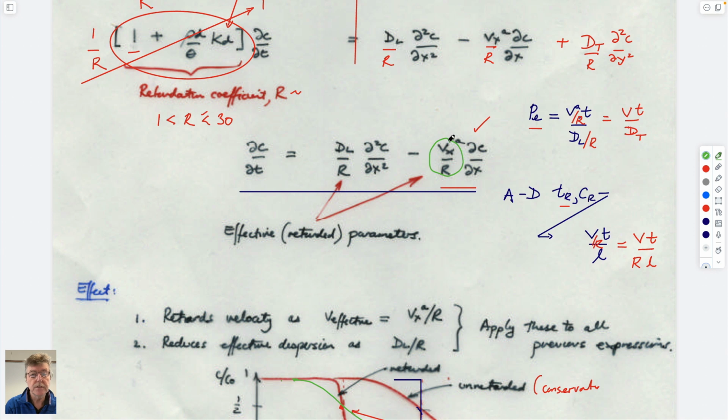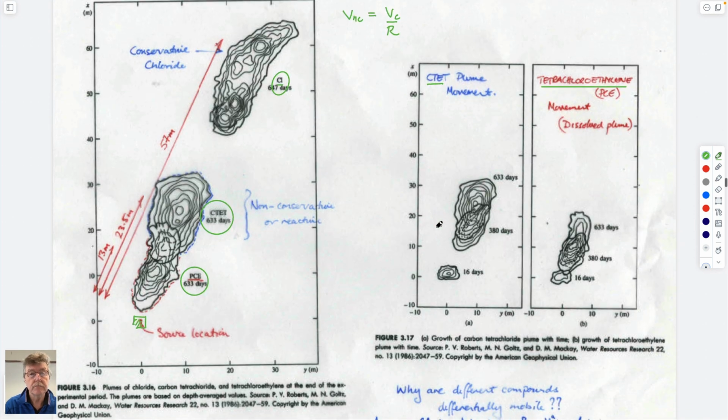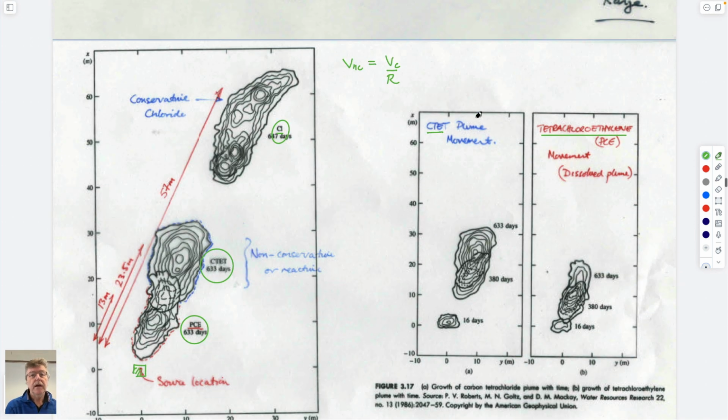This is the non-conservative velocity, which is the VC divided by R. And so we could rearrange that to give that the retardation coefficient is equal to VC over VNC.